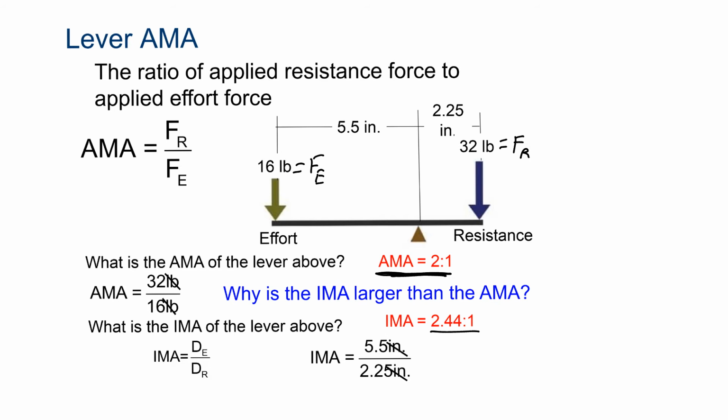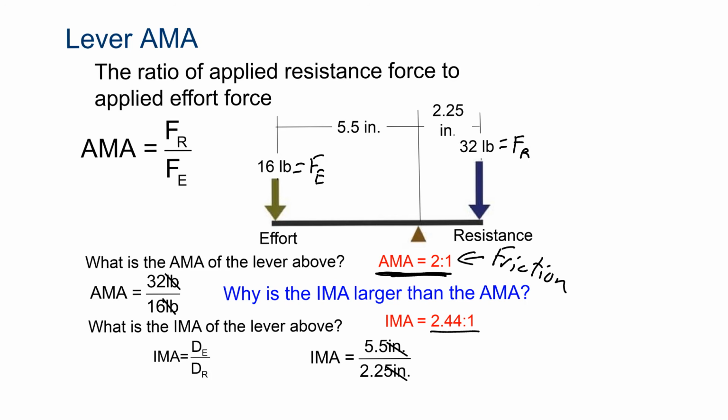So why is the ideal mechanical advantage larger than the actual mechanical advantage? What force? Alright, go ahead. Because one takes friction. Yep. The actual mechanical advantage takes friction.